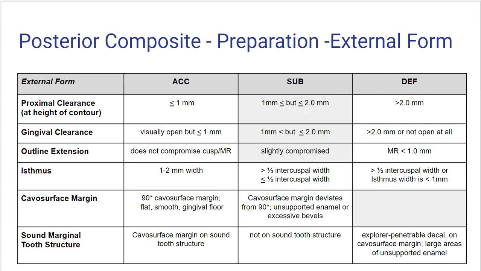If you really open things up too much and find yourself greater than a millimeter, even though that's less than 2 millimeters, you're going to fall into the shaded substandard category. And if you get 3 of those, that's the 3 sub rule. So look out for these shaded areas in the substandard category, because that can be tricky. It can put you in a difficult position.